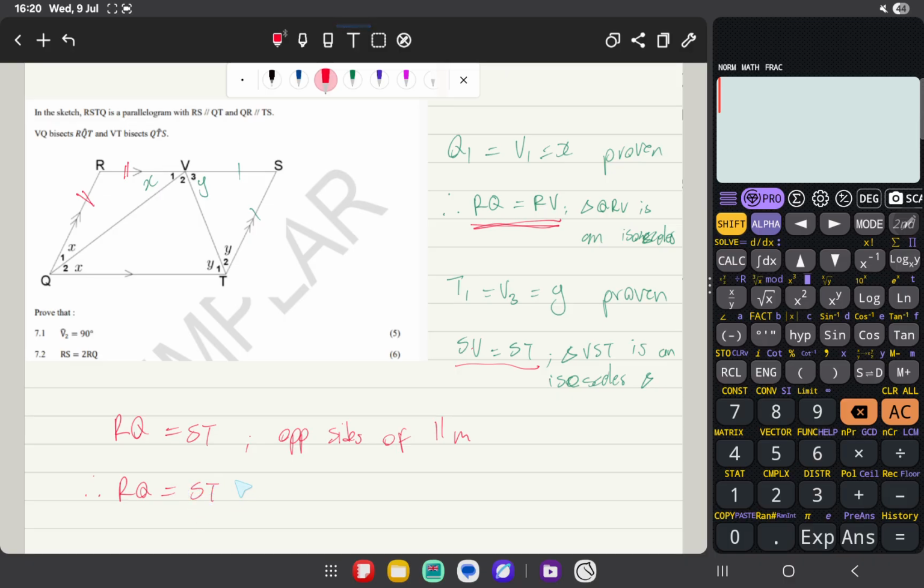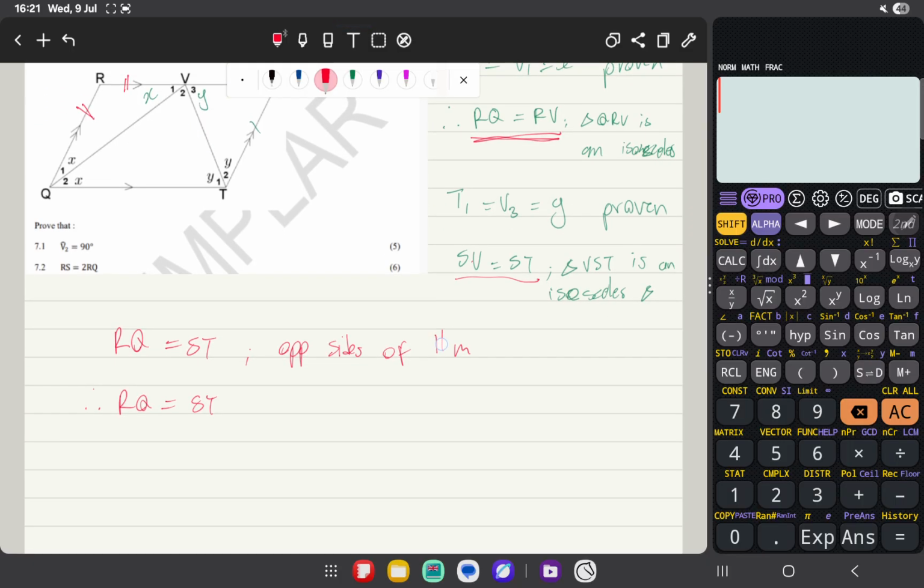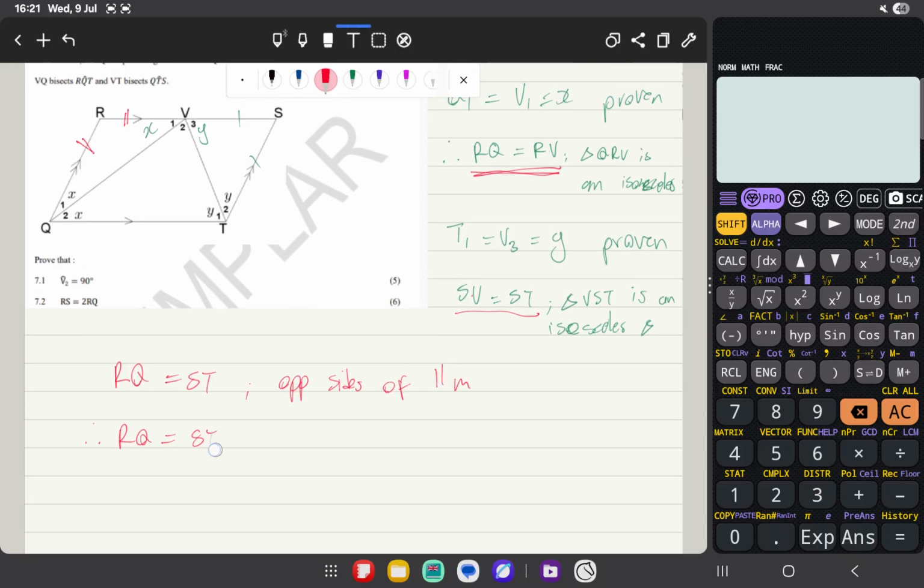So RQ equals ST, ST equals SV, this one we proved.